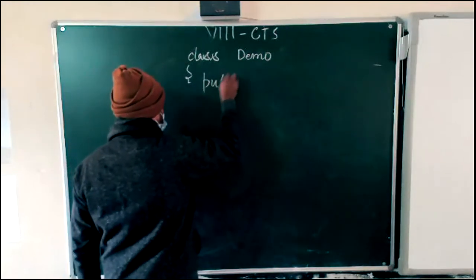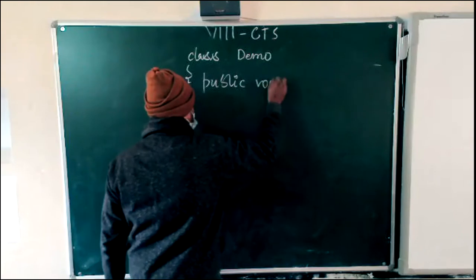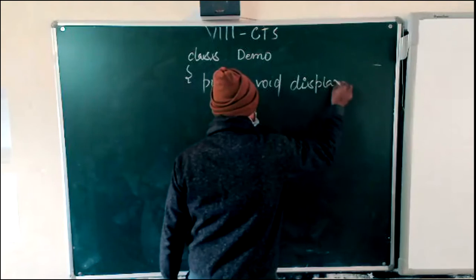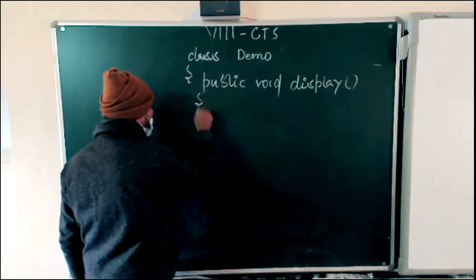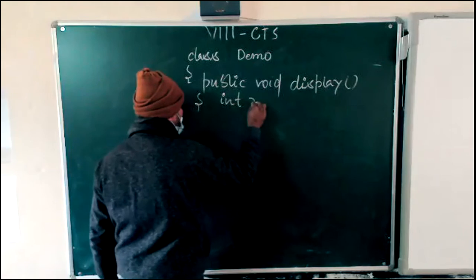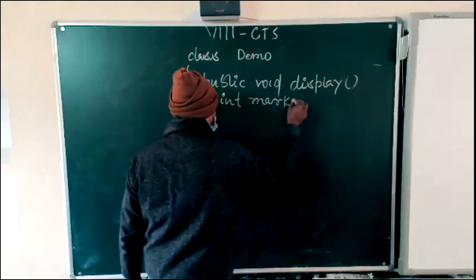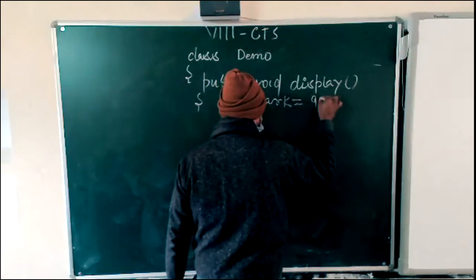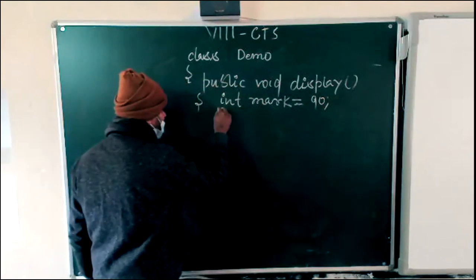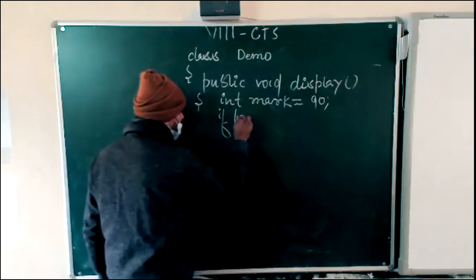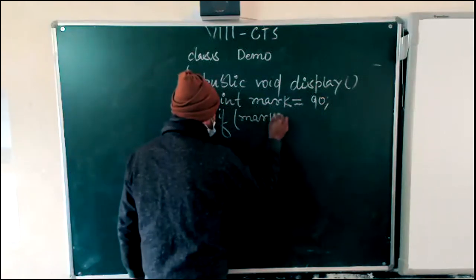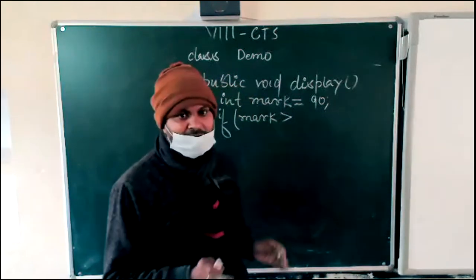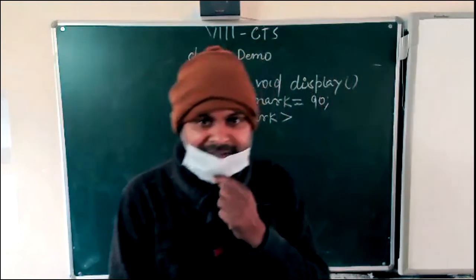Right here, public void display the grade, marks, and mark equals, suppose 90. If mark is greater than, so here we are giving a range of marks.